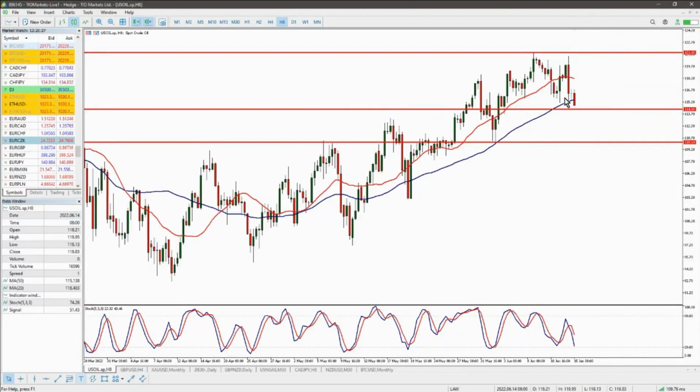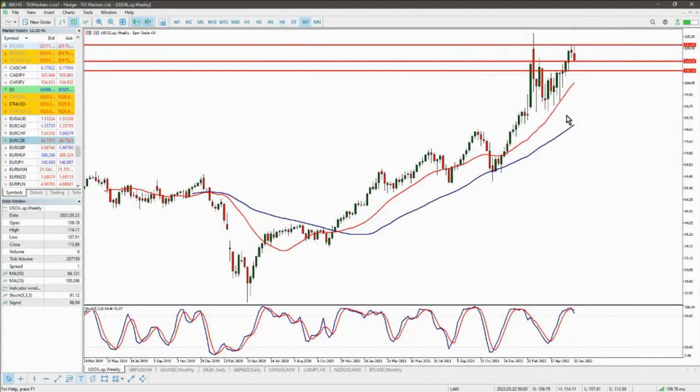So what does this mean? With the background of oil probably being quite high, if we look at the weekly chart, it has moved so much just lately, and this could be one huge topping formation.